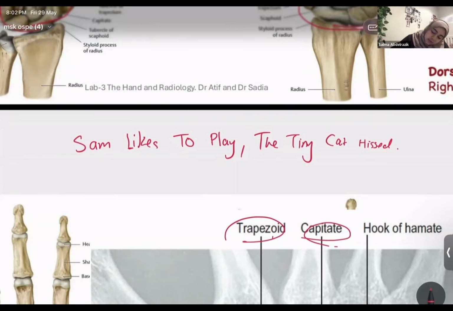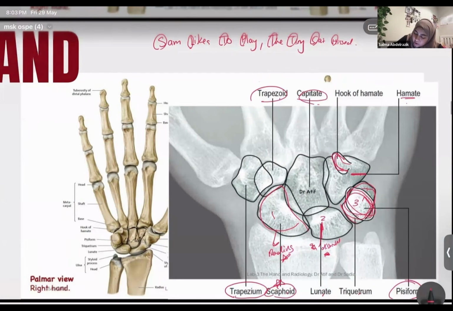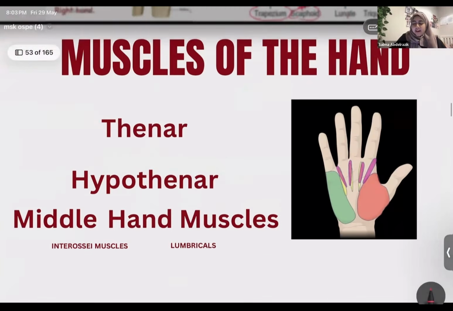But the clean one that I want to use is Sam: scaphoid, likes lunate, to triquetrum, play pisiform, the trapezium, tiny trapezoid, cat capitate, hiss hamate. And we're going in this order, 1, 2, 3, 4, 5, 6, 7, 8. Sam likes to play the tiny cat hiss. Easy. Cute, I think.